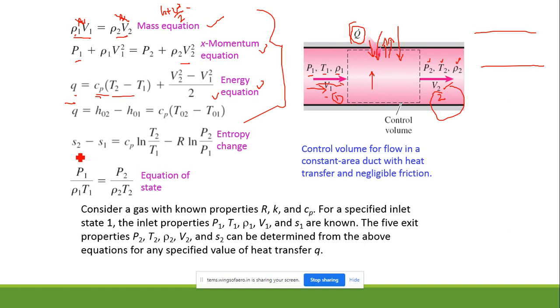Since we are adding heat, we know entropy will also change. With the heat gain there will be a change in entropy, so s2 minus s1 equal to cp ln T2 by T1 minus R ln p2 by p1.